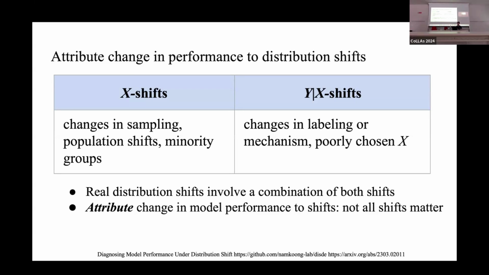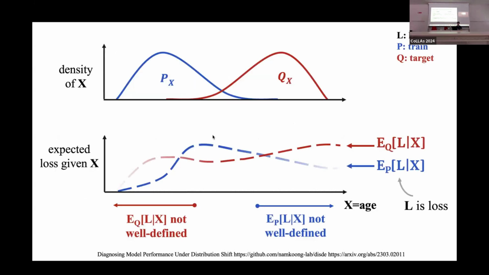Actually, real distribution shifts involve a combination of both shifts. We really need to attribute these changes to each kind of shift, because not all the shifts matter, and we need to find some specific way to improve our model. To do this attribution, the key challenge is how to measure the Y-given-X shifts.